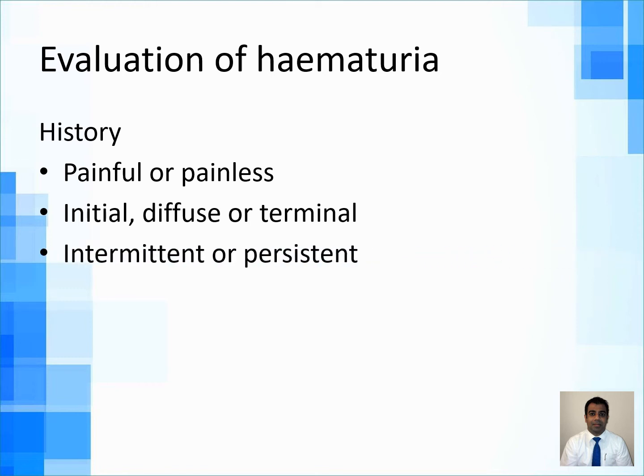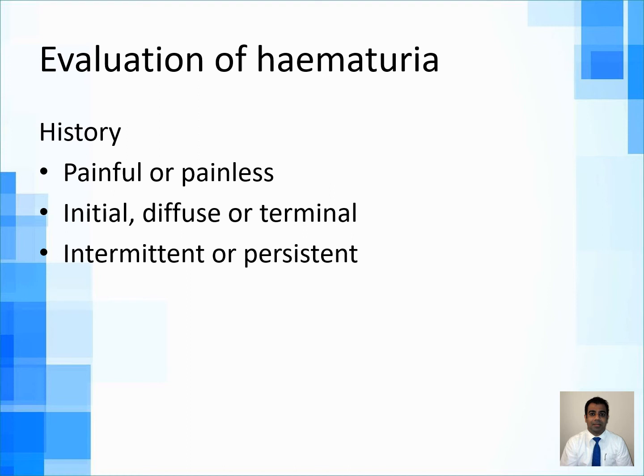You need to determine whether the hematuria is intermittent or persistent. Persistent hematuria can occur with certain glomerular problems, like benign familial hematuria, which usually presents with microscopic hematuria.